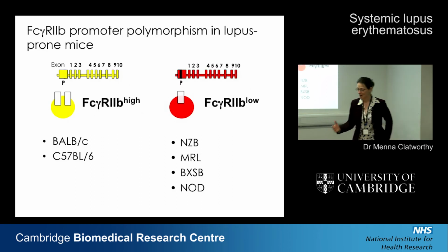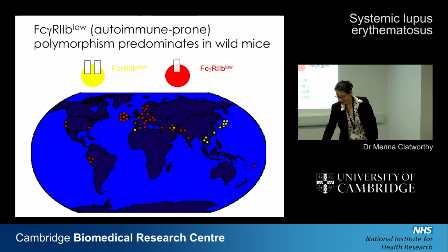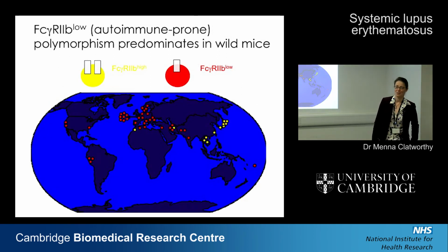It can perhaps be helped if you look at the worldwide distribution of this thing. One of the first things I did when I was a PhD student, we'd looked at this promoter polymorphism in inbred strains. So we got some DNA from wild mice around the world.